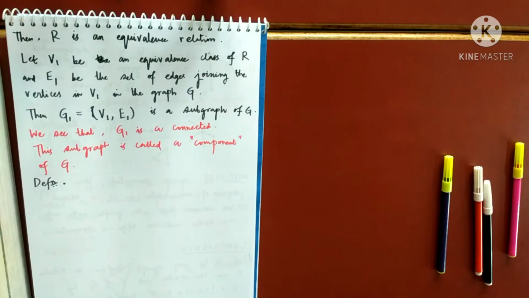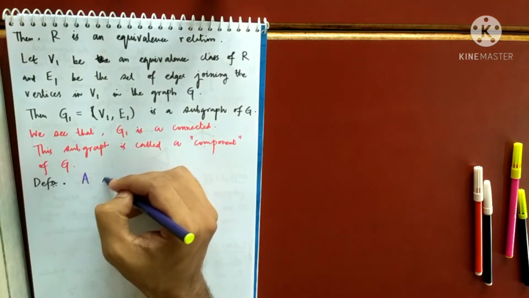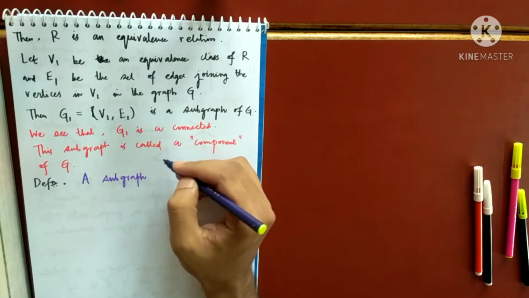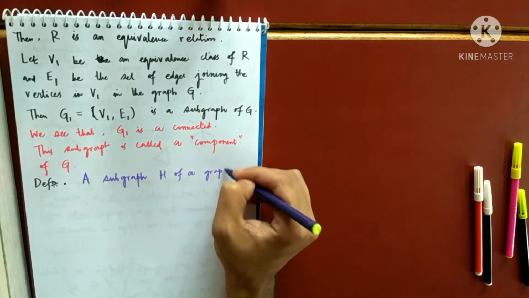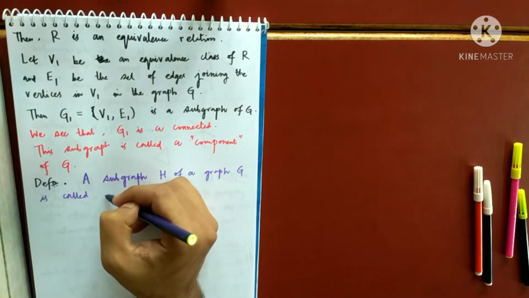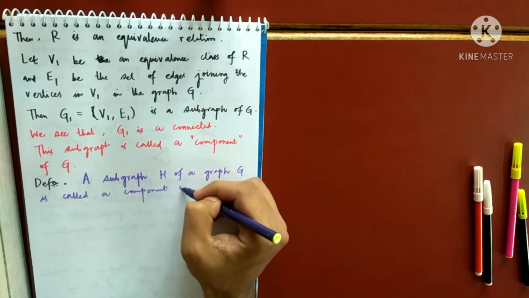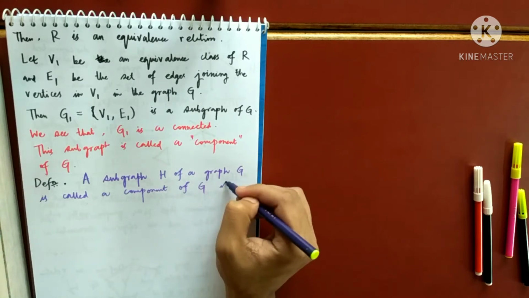So what is the definition of a component? This is the definition. A component is nothing but a subgraph. A subgraph H of a graph G is called a component of G if the following two conditions are satisfied.